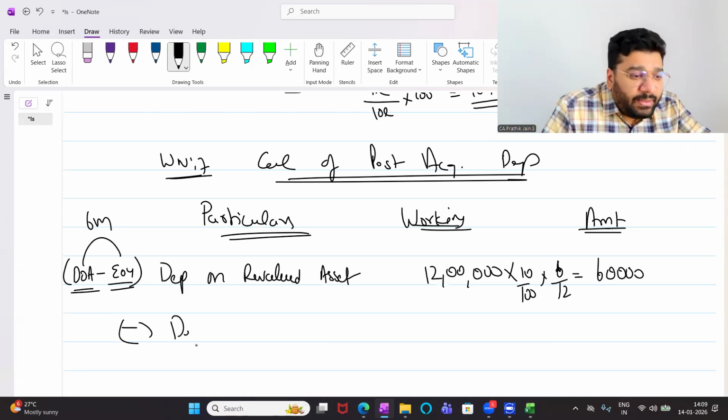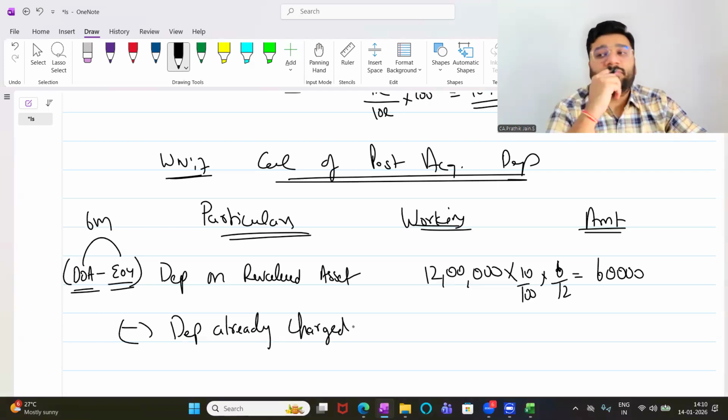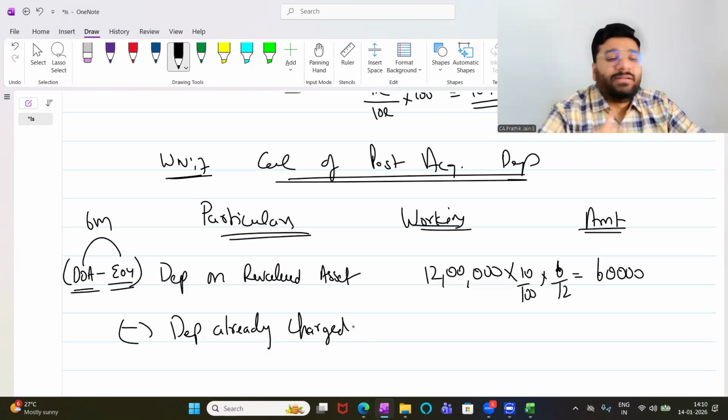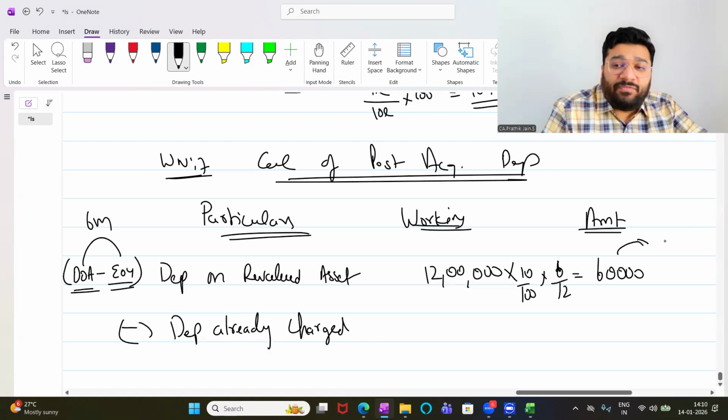Minus depreciation already charged. Madam, this is depreciation from date of acquisition to end of the year, which is nothing but October to March.